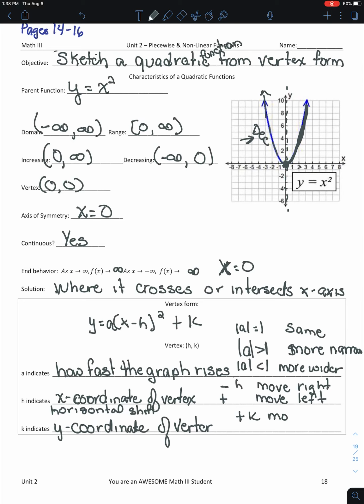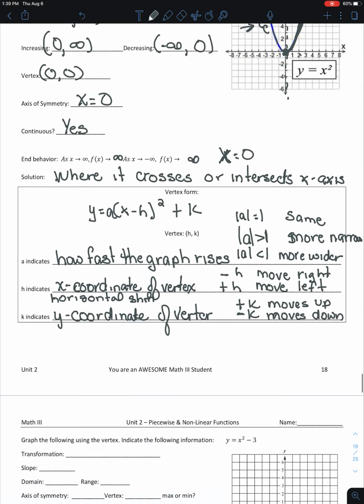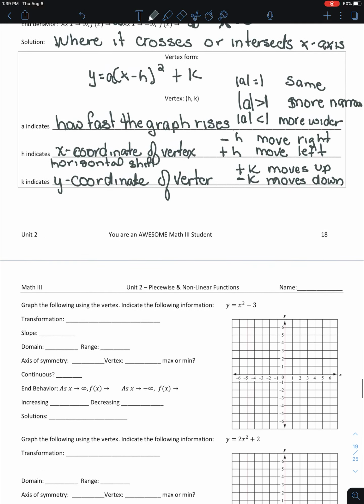Sorry, and I don't want to go back and do this again, but I'm just going to say this is minus h and plus h there. So plus k moves the graph up, and minus k will move it down. It's just like the vertex form of absolute value.